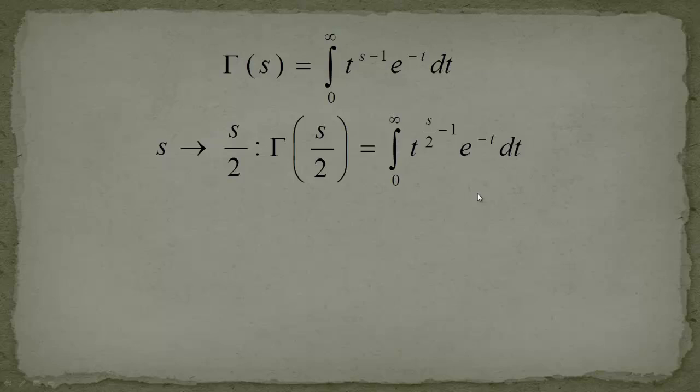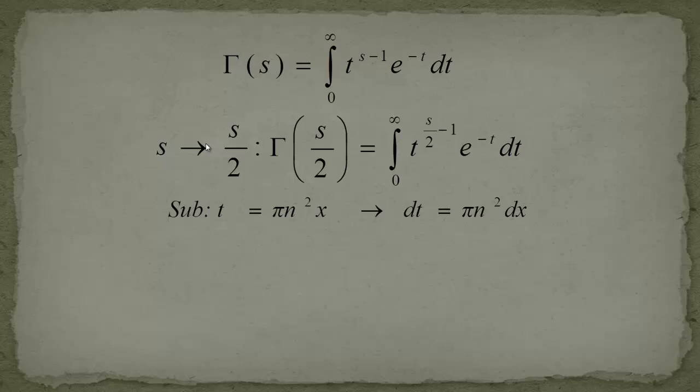Now in the second step we do something very similar to what we did in the proof for the relationship between gamma and zeta, but with a little modification. We are not using the previous substitution, but a new substitution, which is t equals pi n squared x.